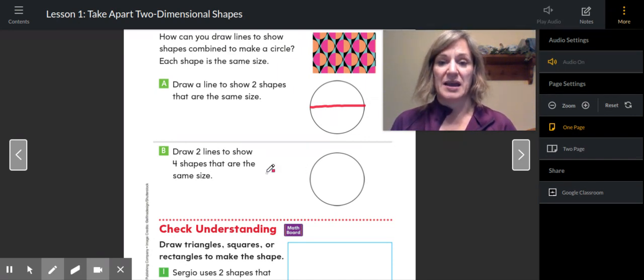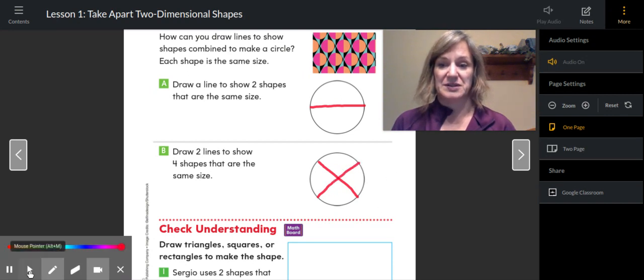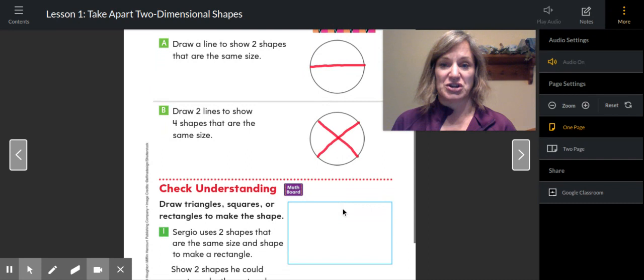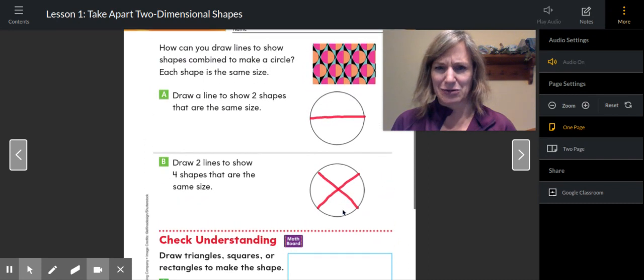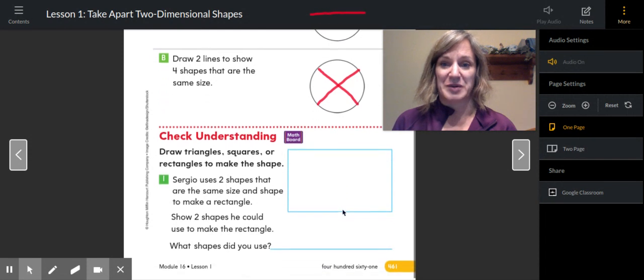Now in part B, I'm going to draw 2 lines to show 4 shapes that are the same size. So I have to either make an X through my circle or a plus through my circle, somehow trying to make them as close as I possibly can to the same size. So make sure that these are 4 equal pieces so that the friends who are sharing this pizza all have a fair and equal piece.